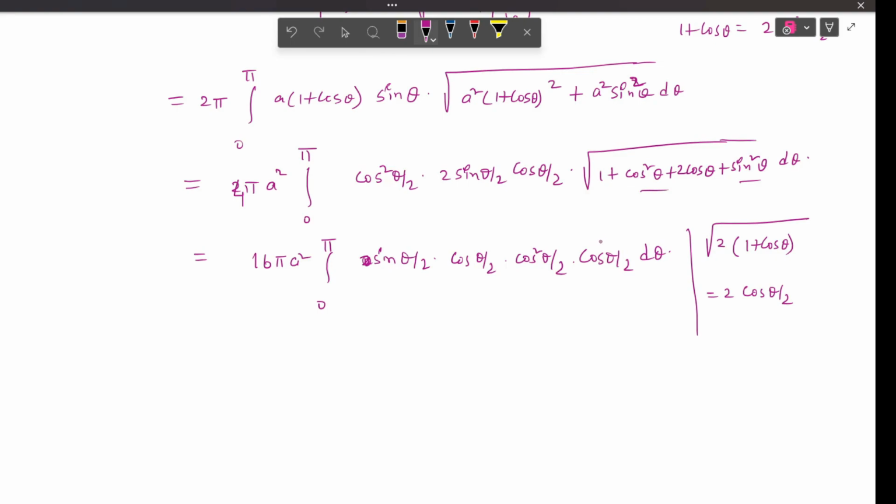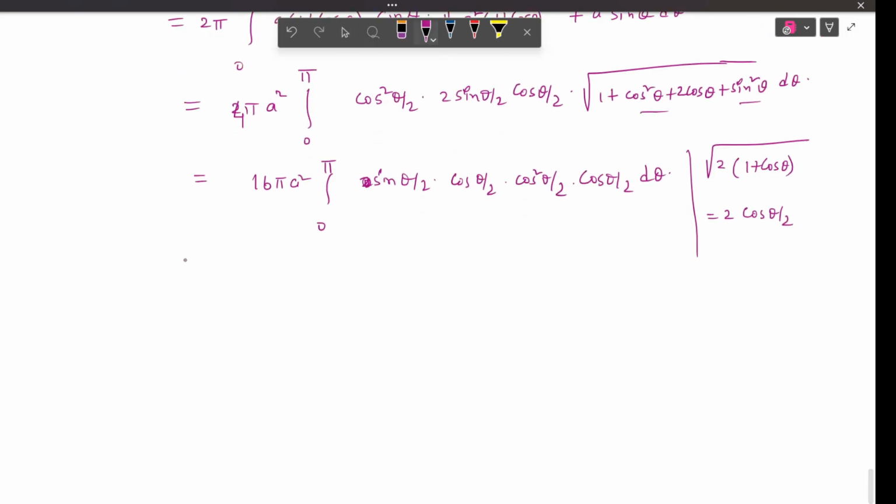Okay. Now this is cos theta by 2 to the power 4. So this is 16 pi a square, integration 0 to pi cos to the power 4 theta by 2 into sine theta by 2 d theta.